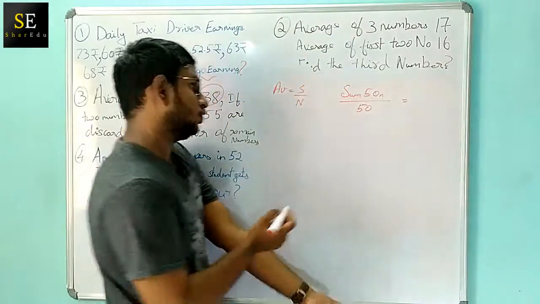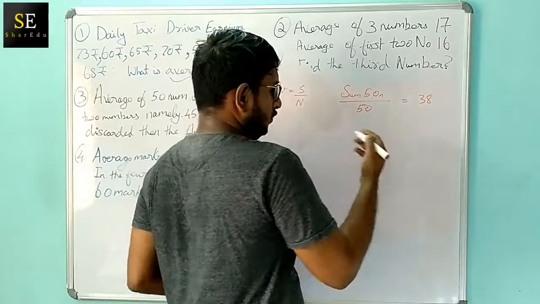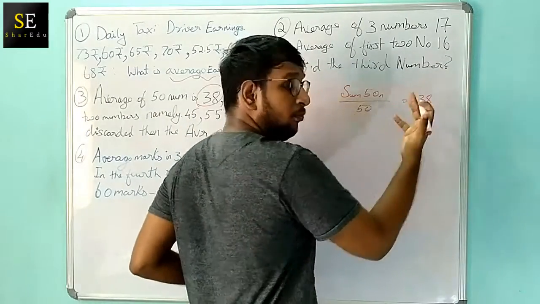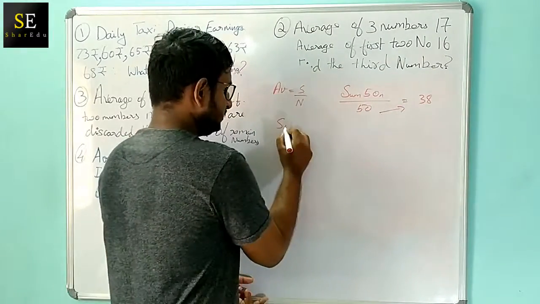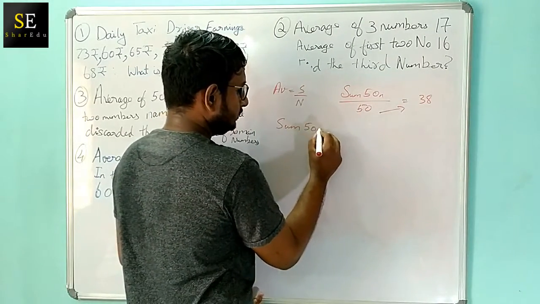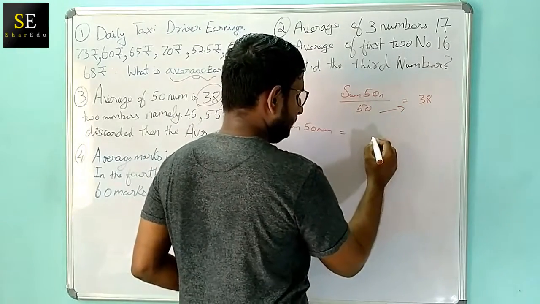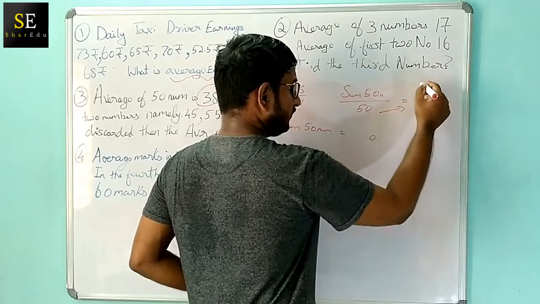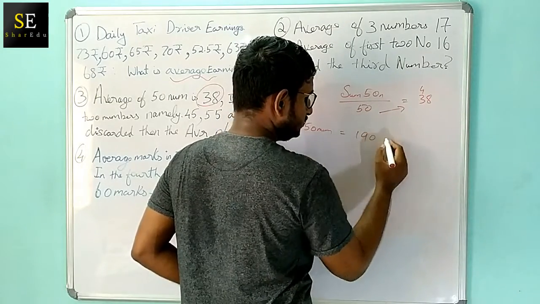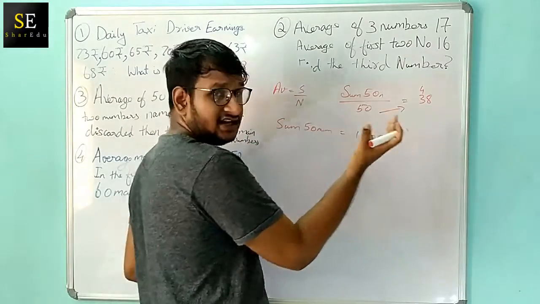They have given that in the question. Now let's see what the sum of 50 numbers will be. The sum of 50 numbers will be 5 8s are 40, so 4, 5 3s are 15, 15 plus 4 is 19, so 0 over here, so 1900. So the sum of 50 numbers is 1900.